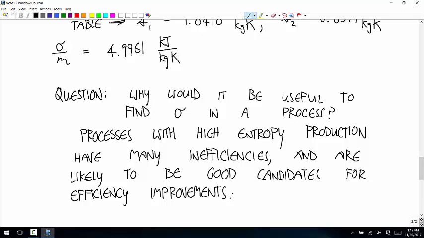Yeah, it's the exact same thing. Yes, that's right.